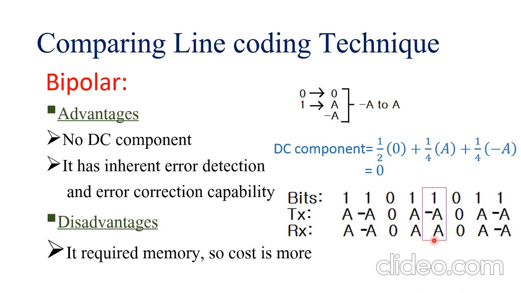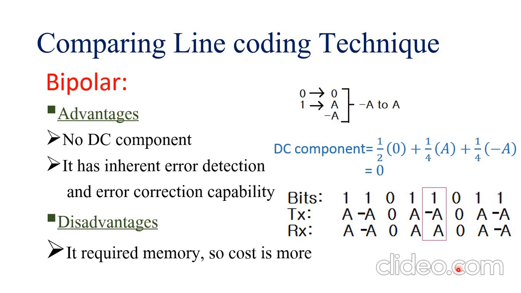Otherwise, the sequence is proper. And that is how we can identify there is some error based on inherent property.